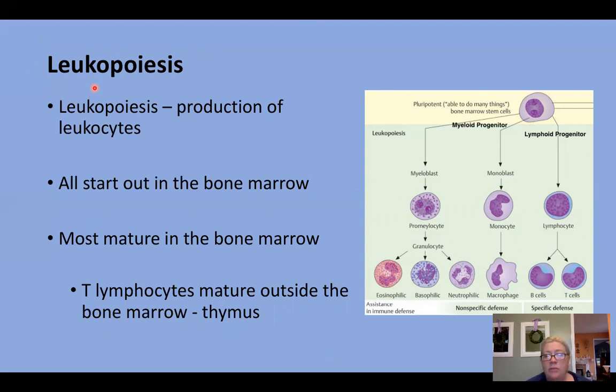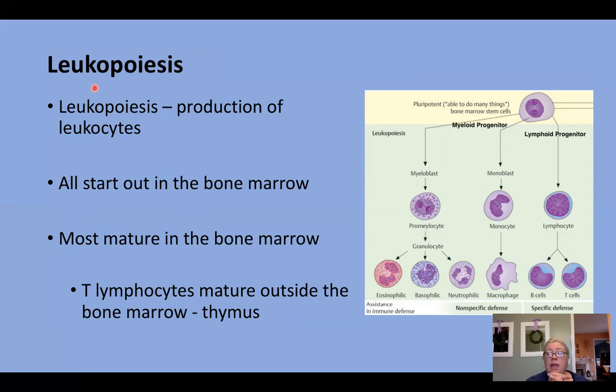Now this one is a little bit different because so far with the erythrocytes or red blood cells, we had one cell produced from a line. In the thrombocytes, we had one cell fragment produced from a line. Leukopoiesis gets a little bit more difficult because there's more than one type of white blood cell.